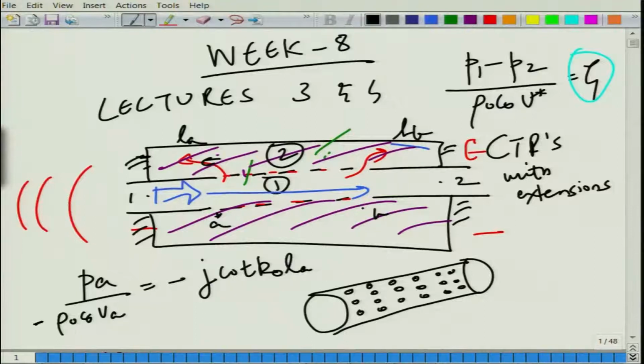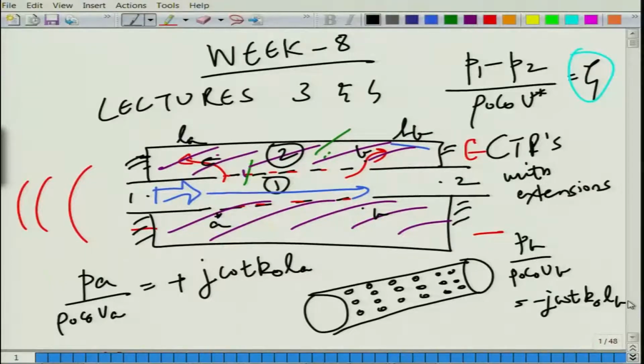So, here we have to put a minus sign, so this will become plus. Similarly, at the point B, we have P b by rho naught C naught u b. Now, the direction of velocity is not a problem, we just have L b.